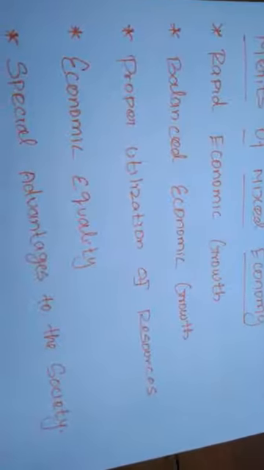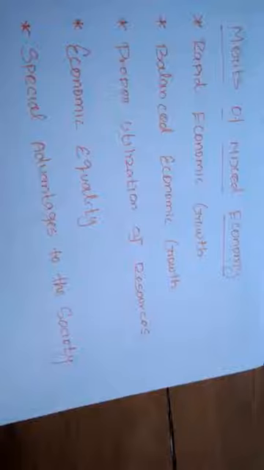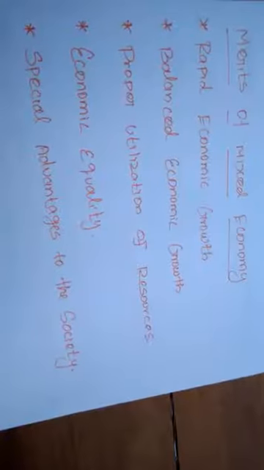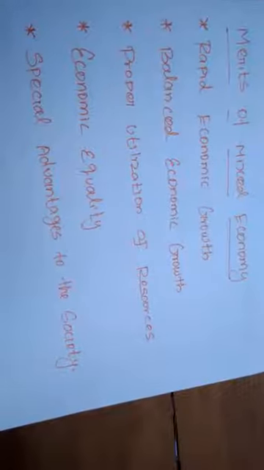By earning more profit, they will use the natural resources beyond the optimum level, or the wastage of natural resources will increase. But here it is not like that. Both private and public have to use the same natural resource, and in this way both organizations will protect and use it properly.